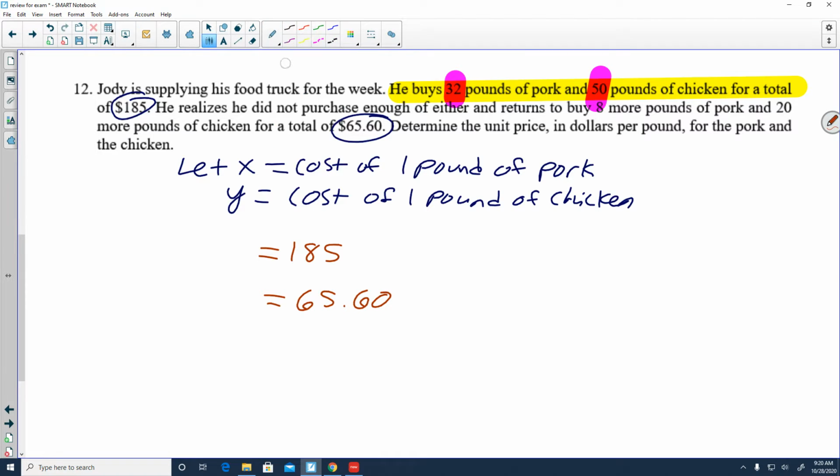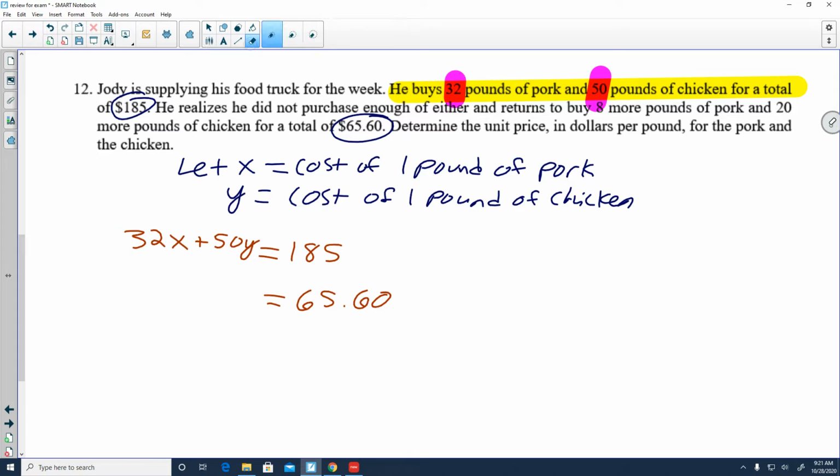So 32 times x is going to give us the amount of money that he spends just on pork if he buys 32 pounds. 50y is going to give us the cost that he spends just on chicken if he buys 50 pounds of chicken at y dollars.